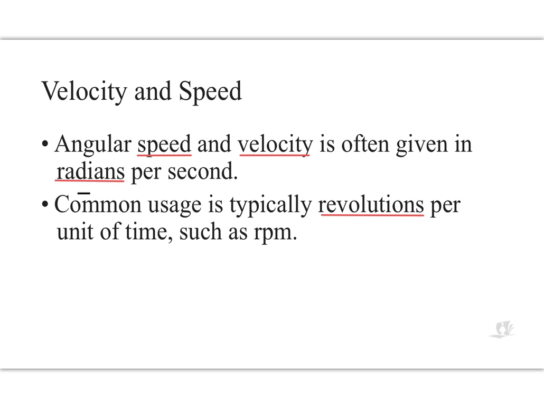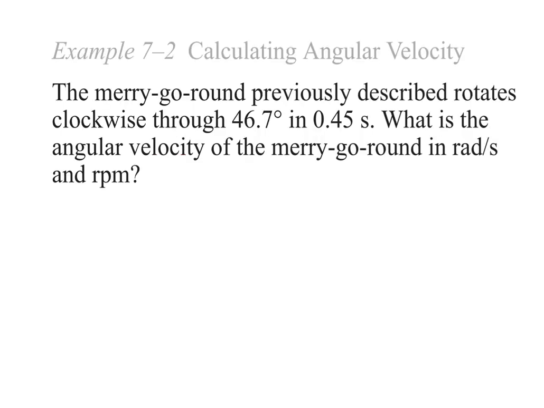So keep in mind, when it's revolutions per minute, every single revolution is one circle. So we're going to do the same conversion. We're going to take the revolutions and multiply by 2 pi. 2 pi is one circle. If they don't have it that way, we can convert it. If we have it one way, we can convert the other direction, right? So you have to be thinking a revolution is one circle as we go through this.